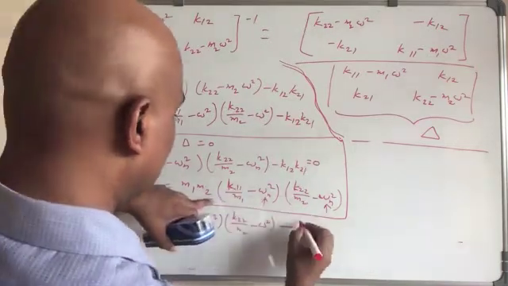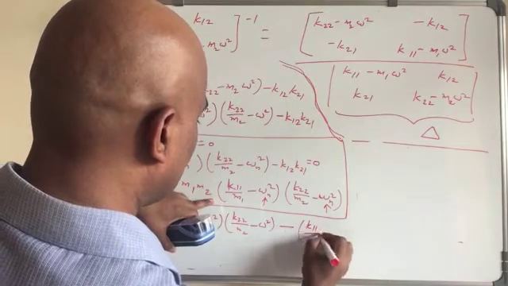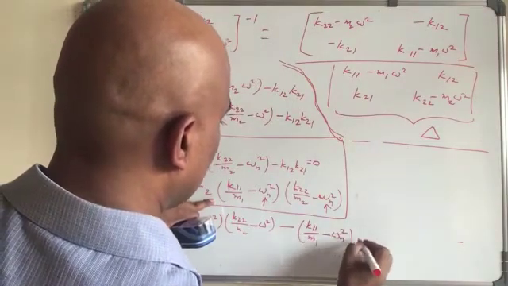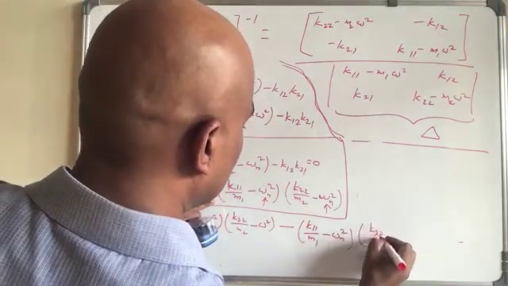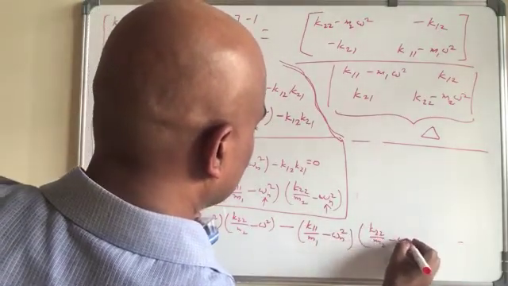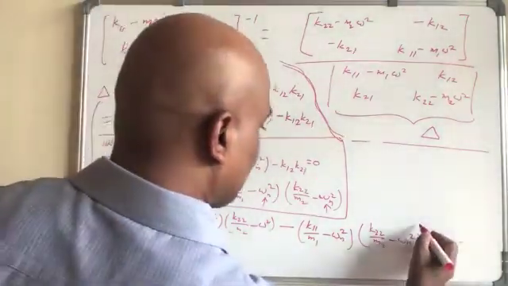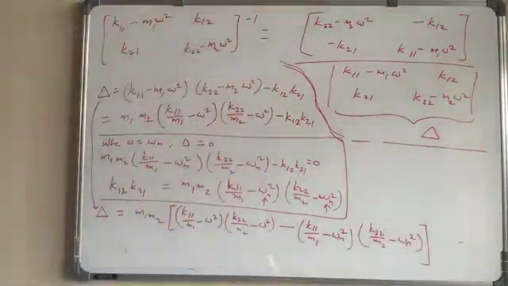So we have k11 over m1 minus omega n square, then k22 over m2 minus omega n square. So we have this term.